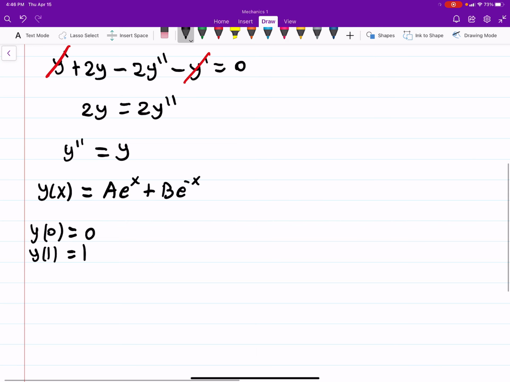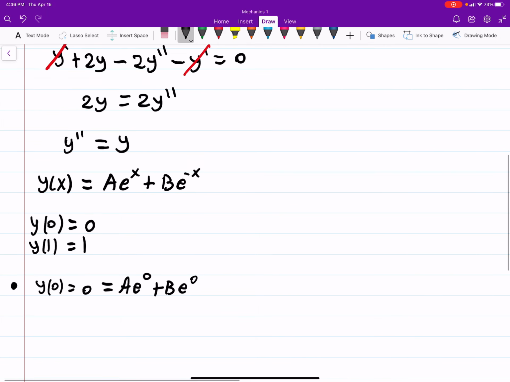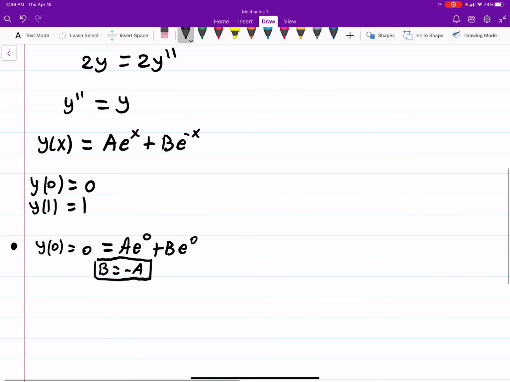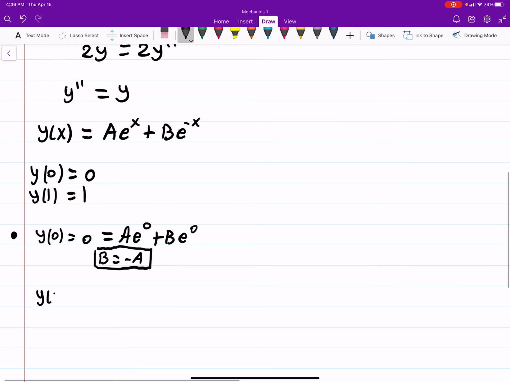So using this first bit, y of 0 equals 0 equals a e to the 0 plus b e to the 0. And obviously e to the 0 is just 1. So b is equal to negative a. Solving for b, I can substitute that in. So y of x is now a e to the x minus a e to the minus x.